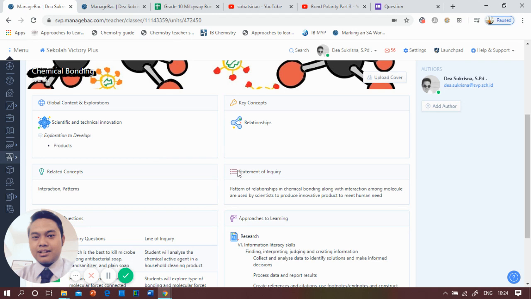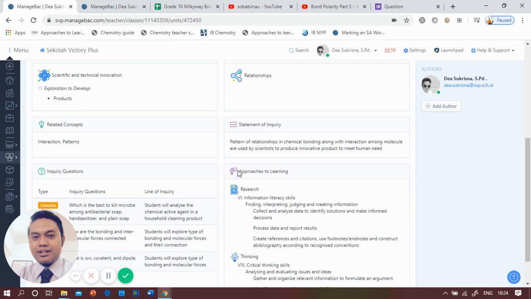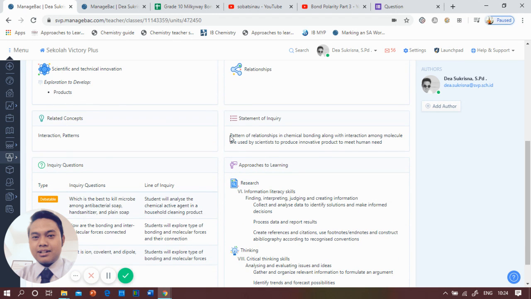More specifically, if you take a look at the statement of inquiry here: patterns of relationship. So in the relationship in bonding, there is a pattern. There is also interaction among the molecules. Patterns of relationship in chemical bonding along with interaction among molecules are used by scientists to produce innovative products to meet human needs.